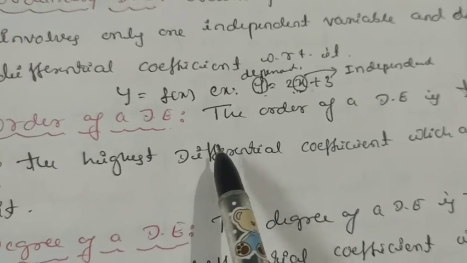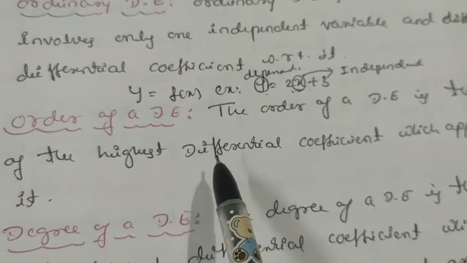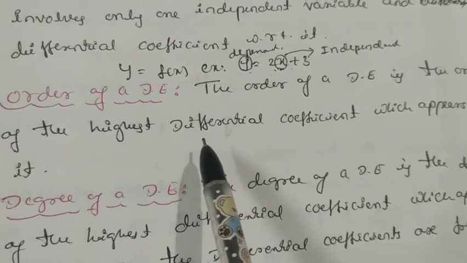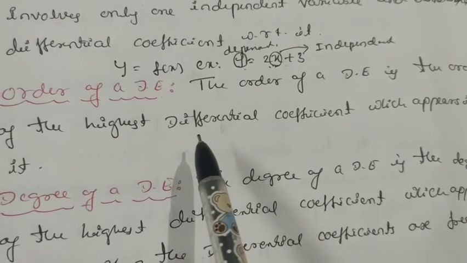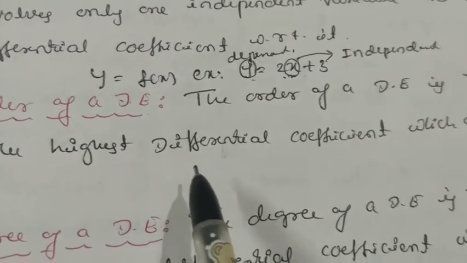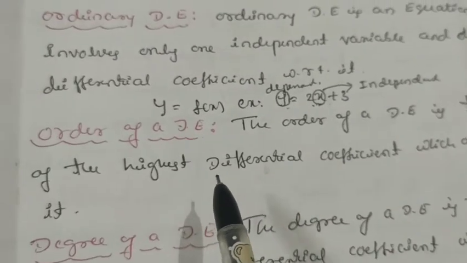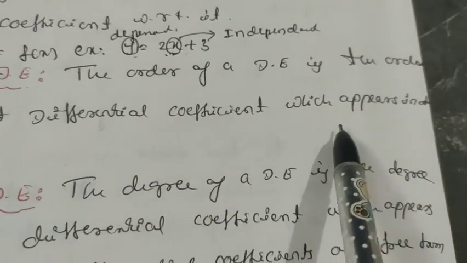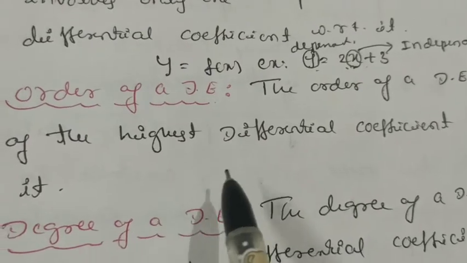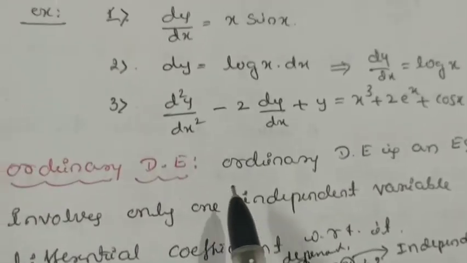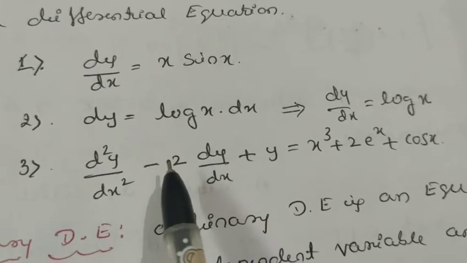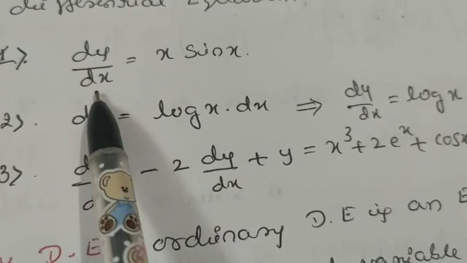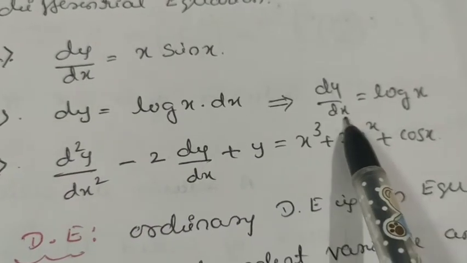Let us take the order of a differential equation. The order of a differential equation means the order of the highest derivative present in the given equation. dy by dx is first order, d2y by dx square is second order, d3y by dx cube is third order, etc. In the three examples, in the first example dy by dx is the highest order derivative, so its order is 1, and in the second also the order is 1.